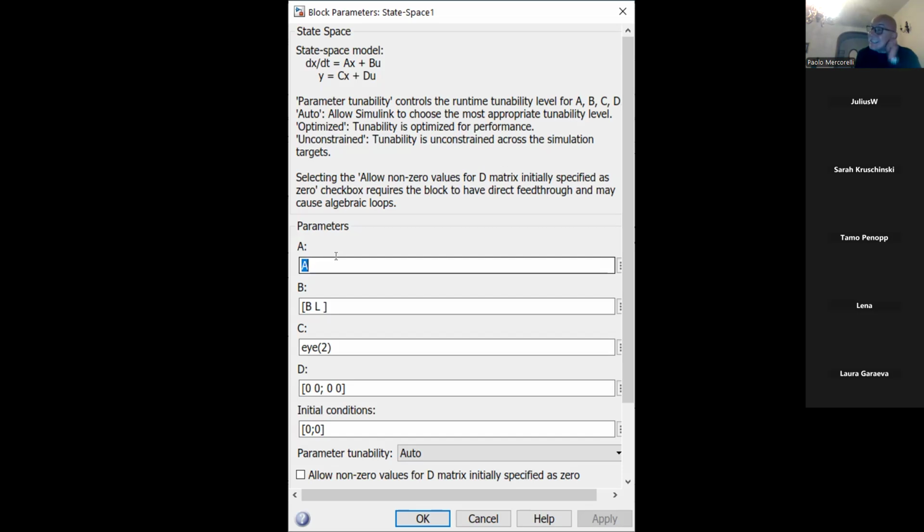If A is not the same, if I don't know exactly the system, Luenberger, at least in this form, is not very suitable to estimate. Because you remember the calculation of the dynamics of E, the error, considers that I know perfectly the matrix A and the matrix B. In fact, I put here A, which is the same as in the system, and B, which is the same as in the system.